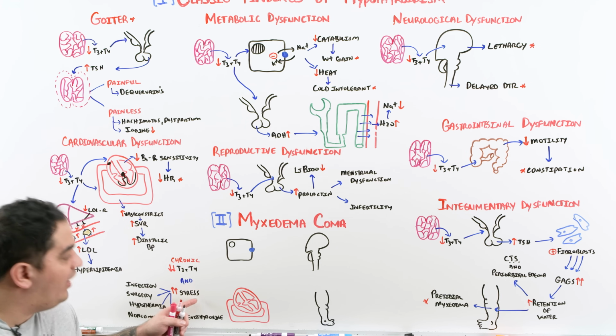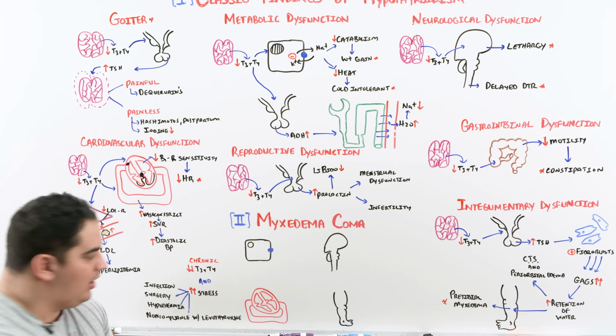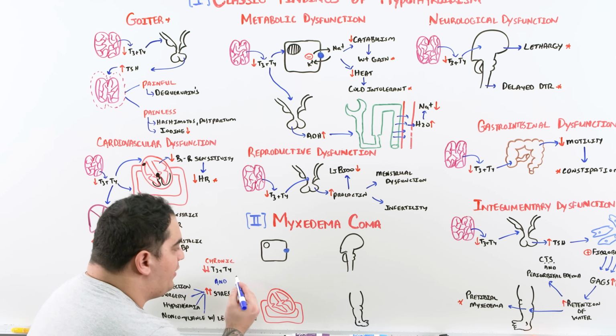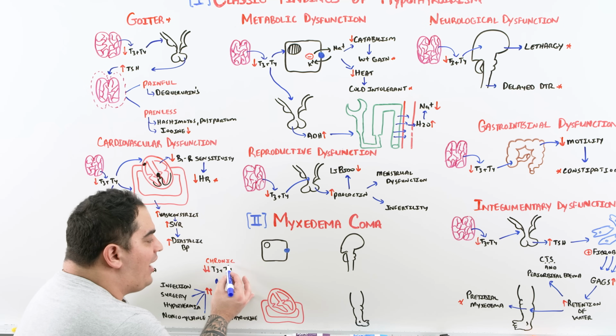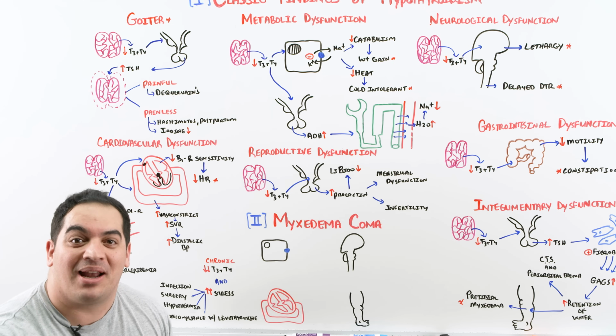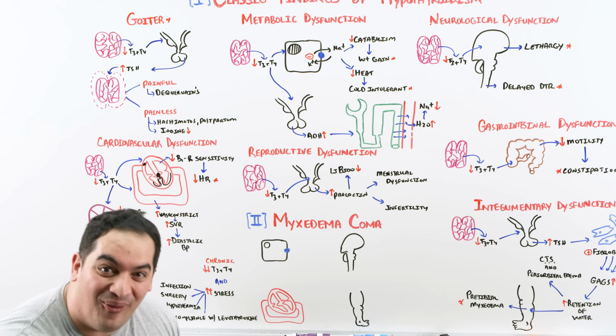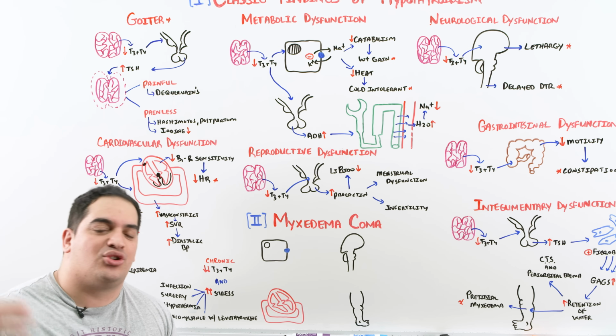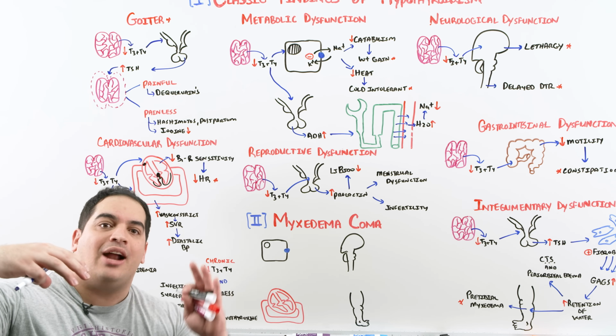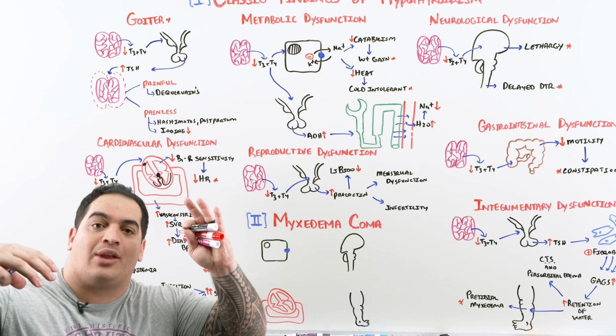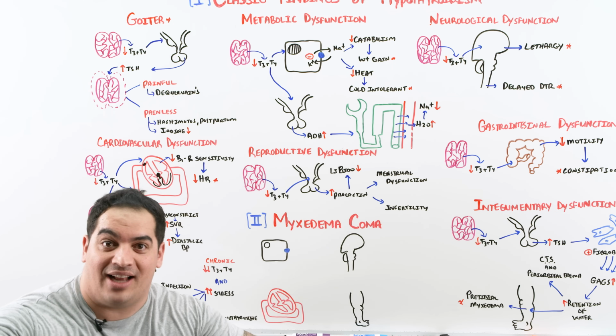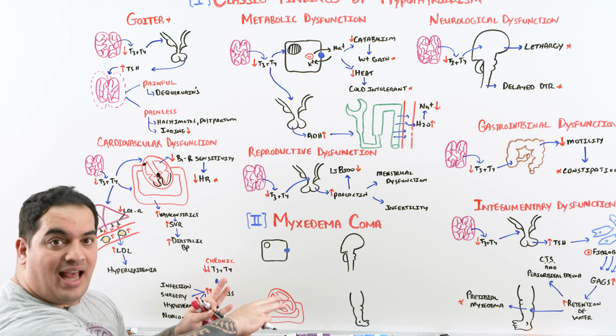That stress will increase metabolic demand. But if you have hypothyroidism, can your body meet that metabolic demand? No. And so that's the problem, is there's so much stress, but your thyroid hormone isn't able to be produced in adequate amounts to help you to adapt to that stress. That's when this starts to happen.